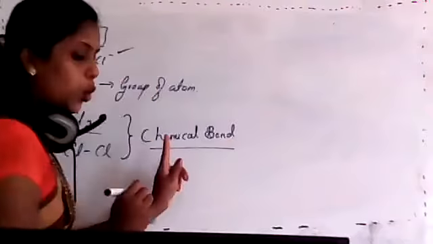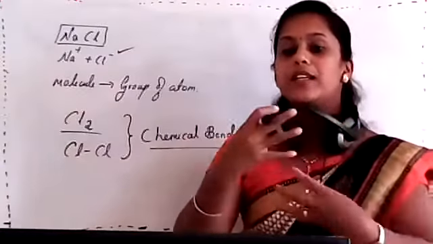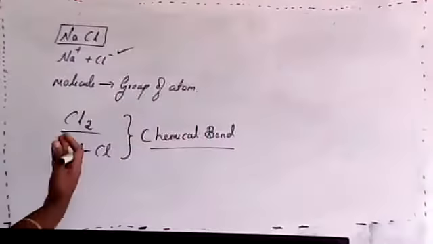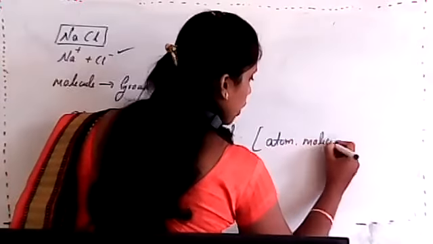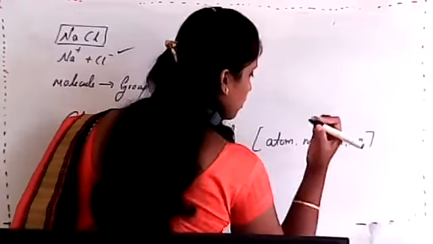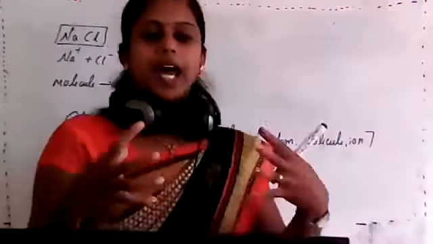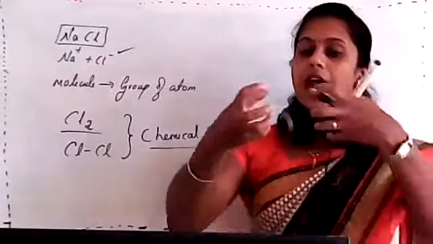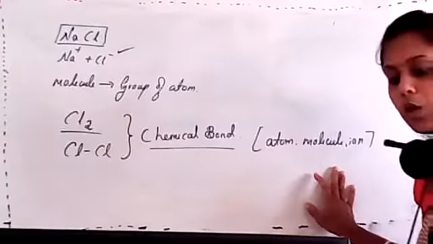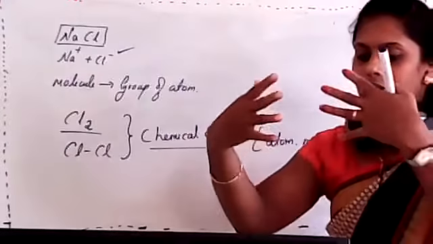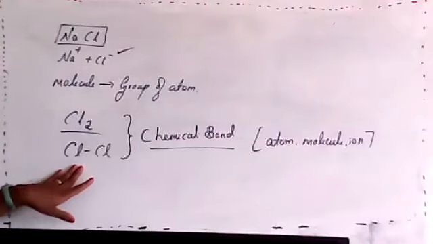This is nothing but the attraction force that holds various constituents, which may be atoms, molecules or ions. Clear? So the attraction force which helps those constituent atoms, ions or molecules stay together in different chemical species is called a chemical bond.